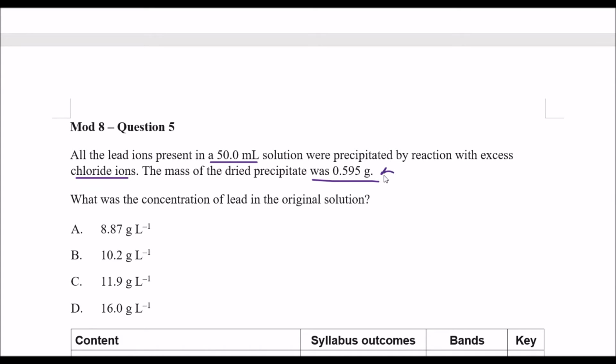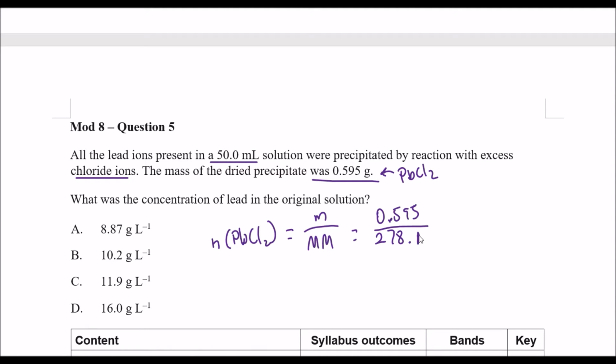This is the mass of lead chloride. We need to firstly find the number of moles of lead chloride used, and then we can work our way around to find the number of moles of lead and then its mass. Okay, so the mass is that value there. If you look at your formula sheet and work out the molar mass of lead chloride, it should be around this number here.